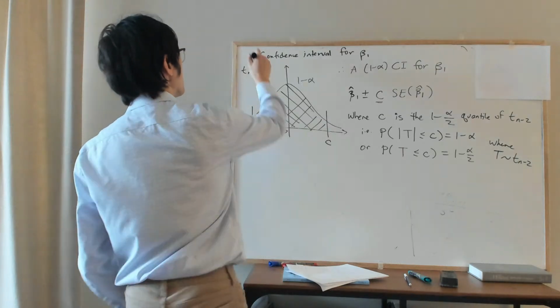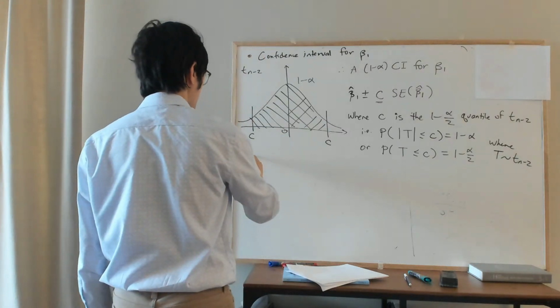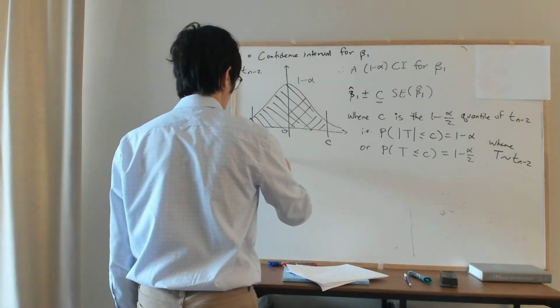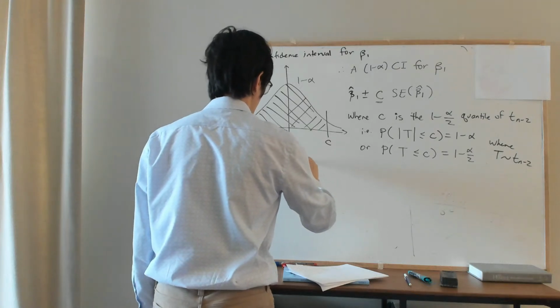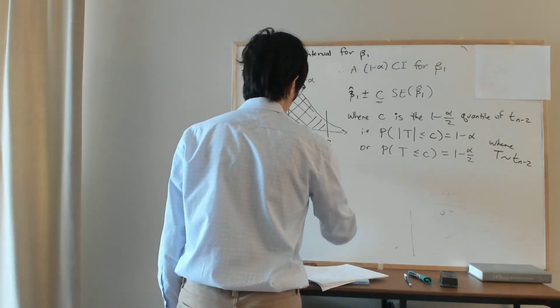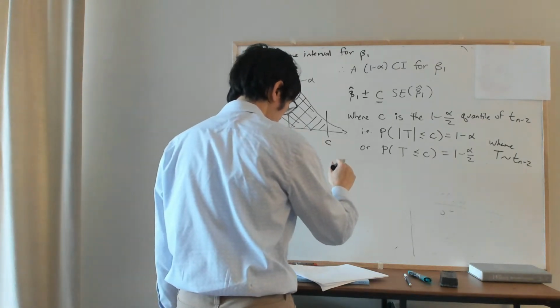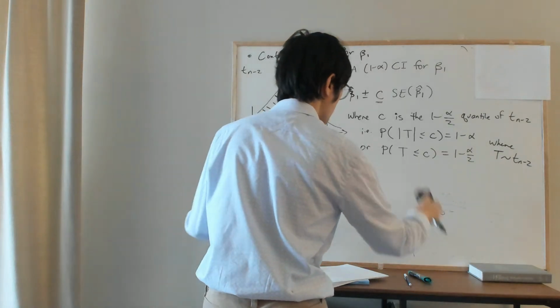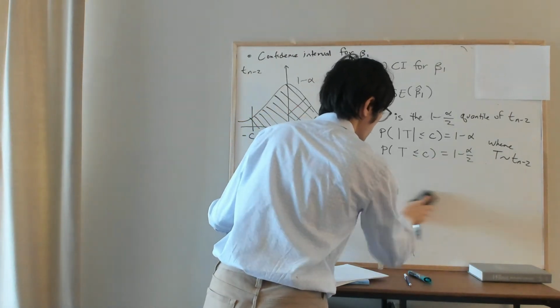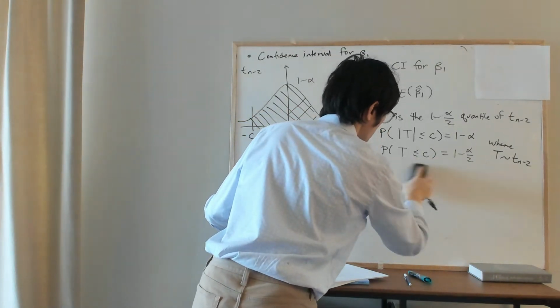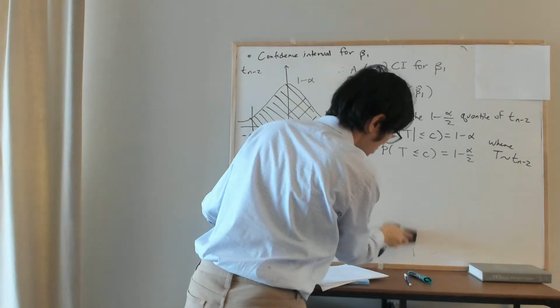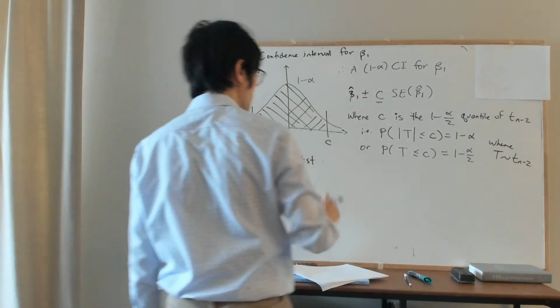So the flip side of that is the hypothesis test. Here we ask, is there a slope that's significantly different from 0?